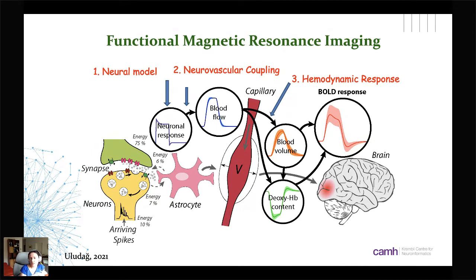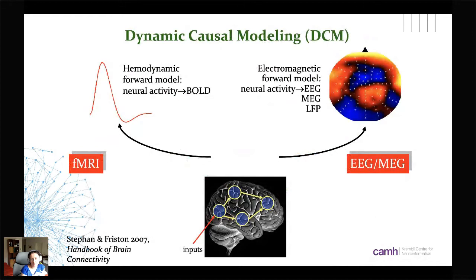As a result, the oxygen extraction fraction, in other words, the blood oxygen saturation and the concentration of deoxygenated hemoglobin, is changing. And this is reflected in the blood oxygenation level dependent signal, or the BOLD signal, which we are interested in assessing with fMRI, functional MRI.